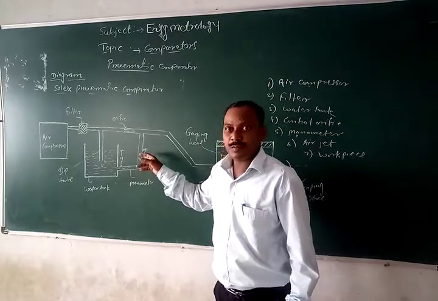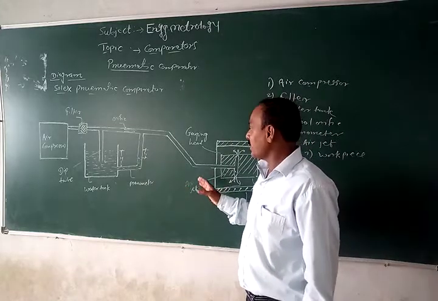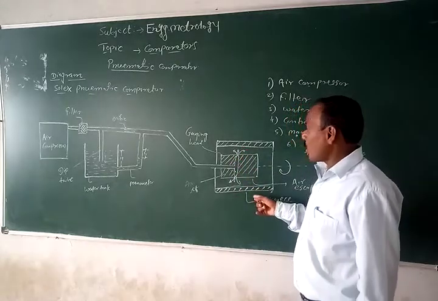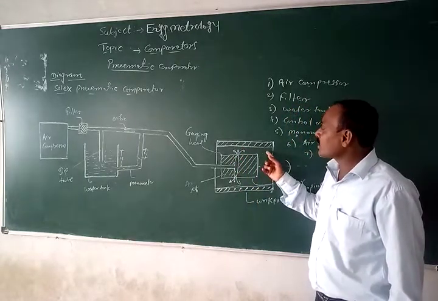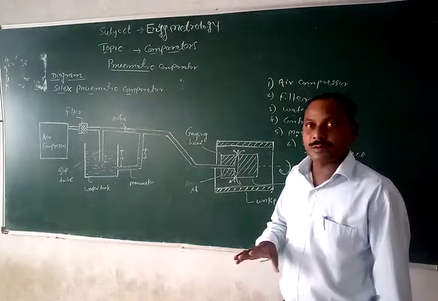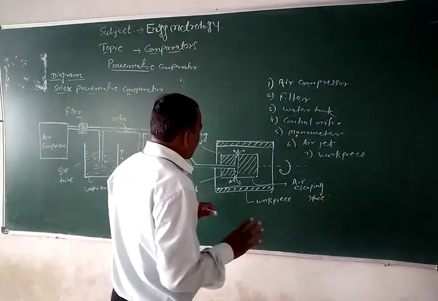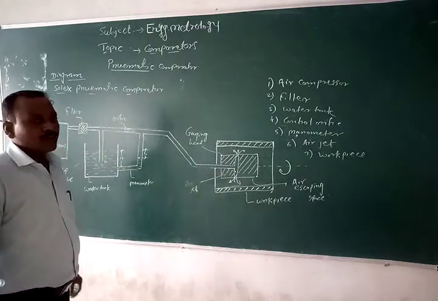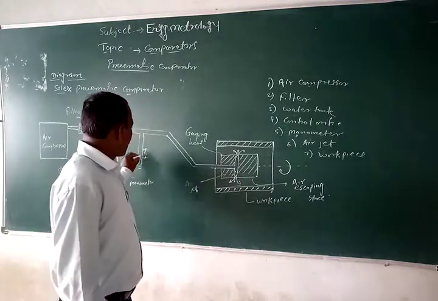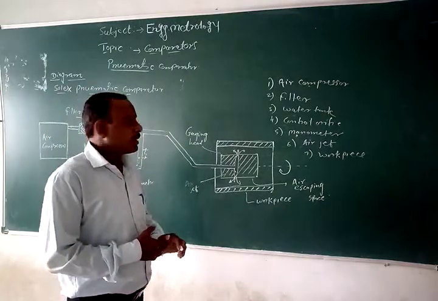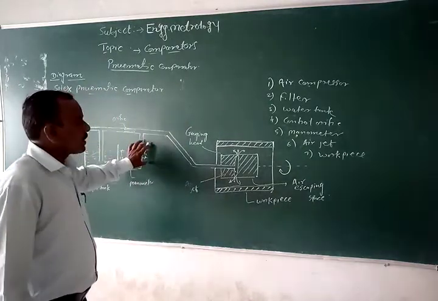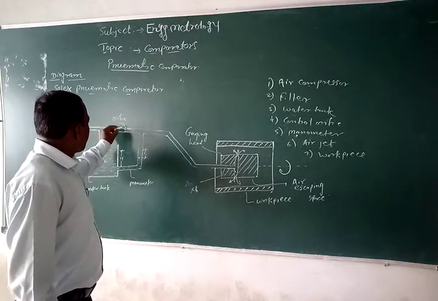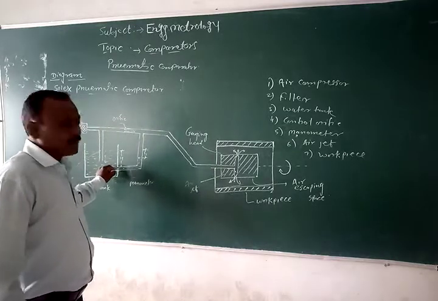This manometer represents the change in dimension of this particular object or workpiece. Whatever variation or change in dimension there is, it is represented here by the manometer, and this indicates the variation of dimension, or back pressure, indicated by this manometer. The manometer is connected in between this orifice and this water tube.